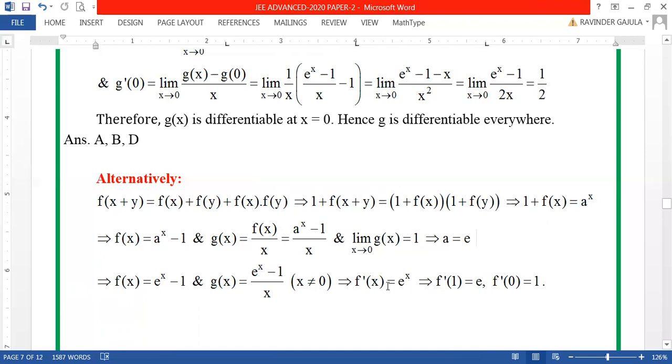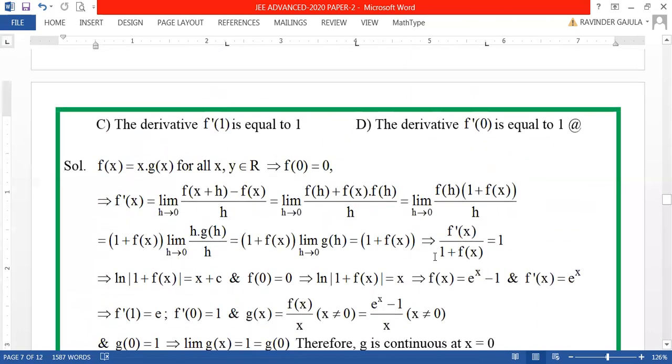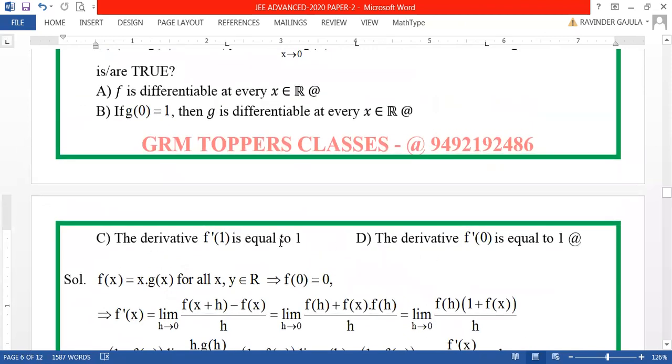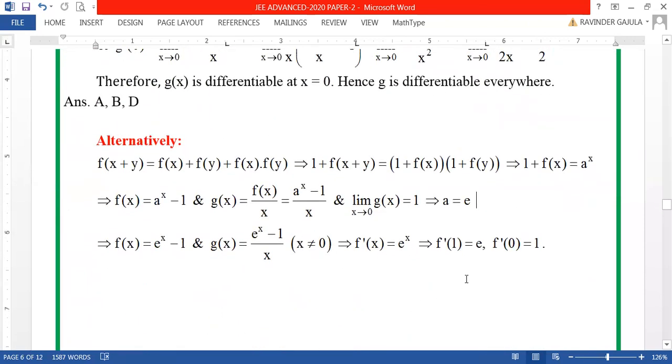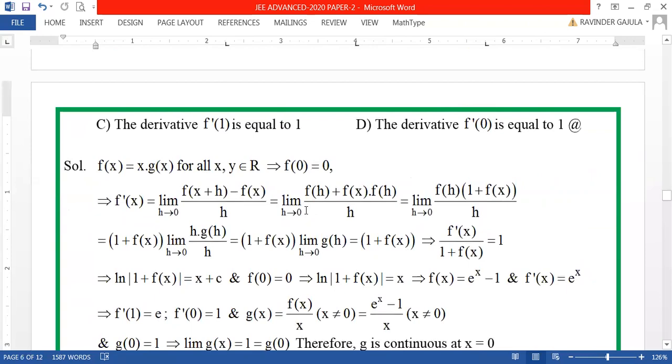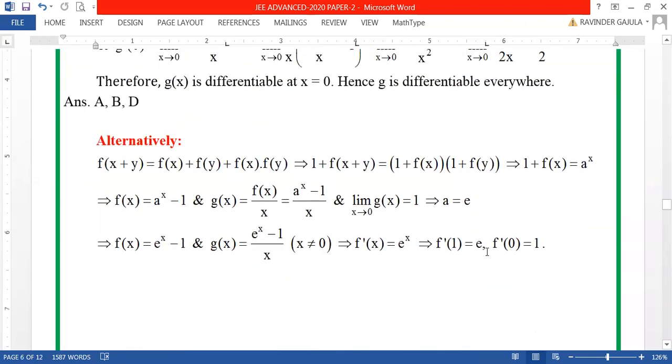Then what is f dash x? f dash x is e power x. So f dash 1 is e and f dash 0 equal to 1. So all this can be again answered from the given options. Sorry, f dash 1 is e and f dash 0 is 1.